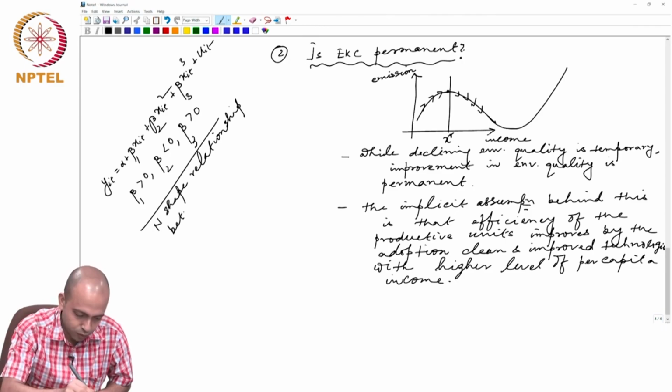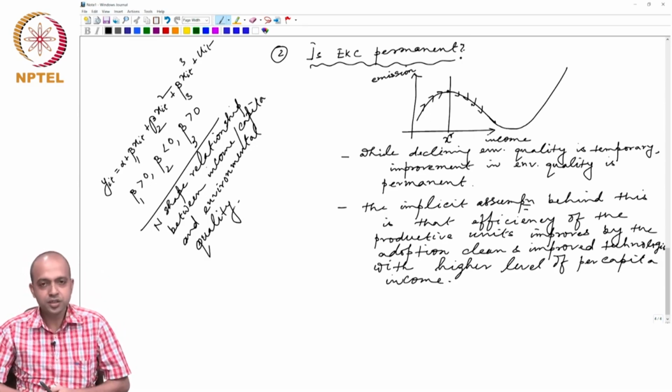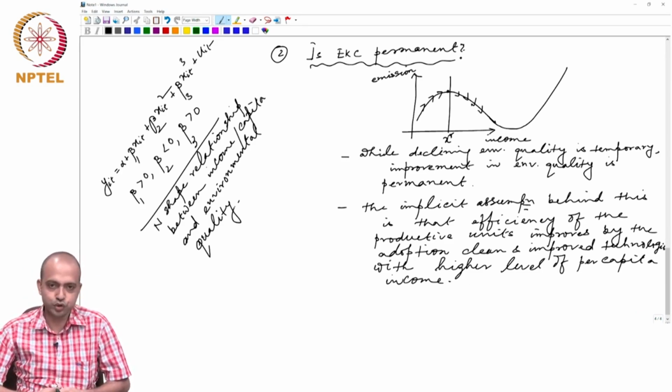between income per capita and environmental quality. So that means in the empirical literature, this N-shape relationship is also possible, right?